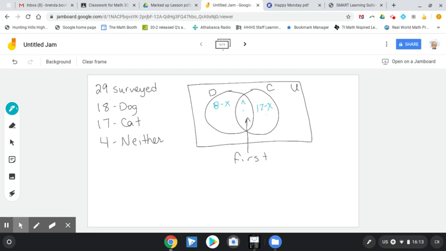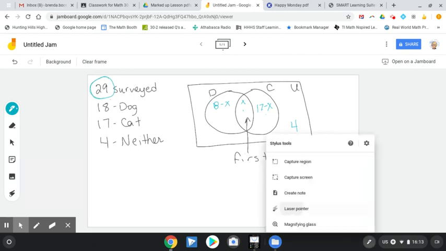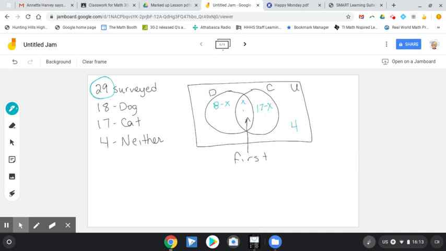Now, the 4 people that had neither a cat nor a dog are pretty easy to put in. We just stick them right in there. Now, there's 29 people surveyed. So what that tells us is our universal set, remember, I've got the U here for universal set, has a total of 29 elements, meaning this section plus this section plus this section plus this section.